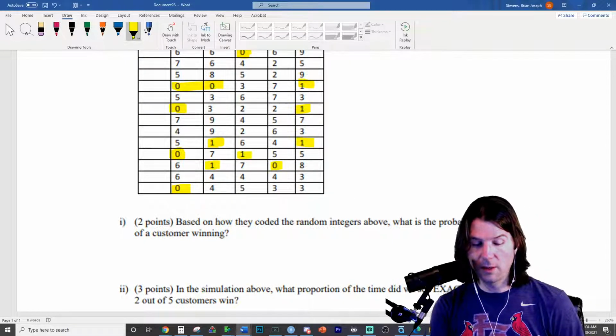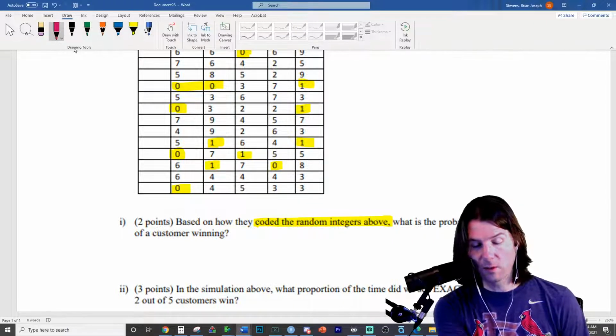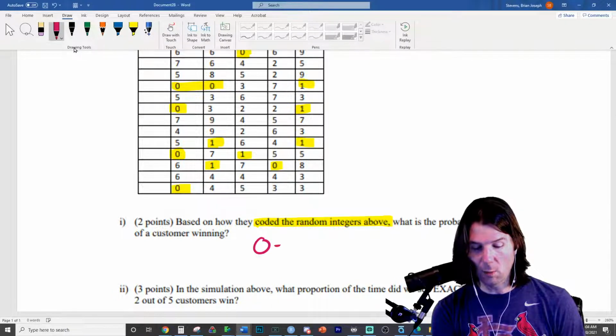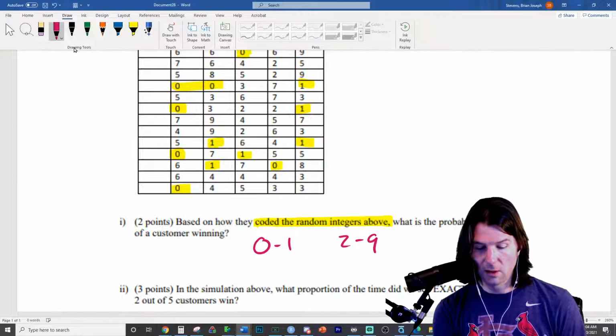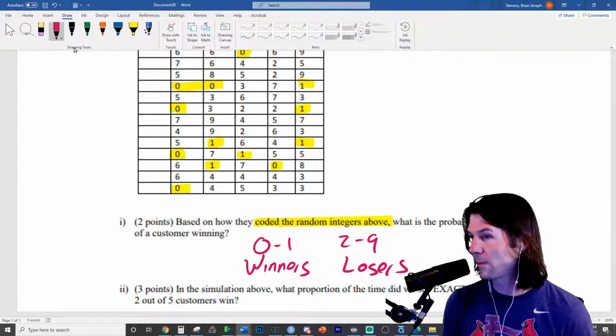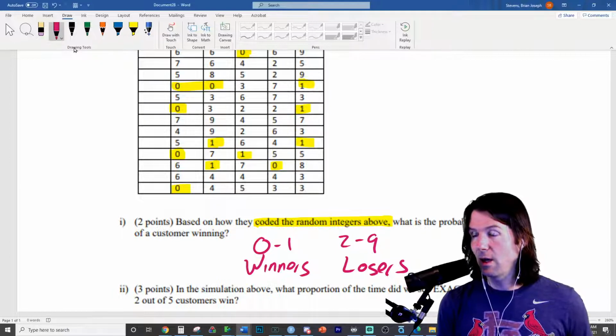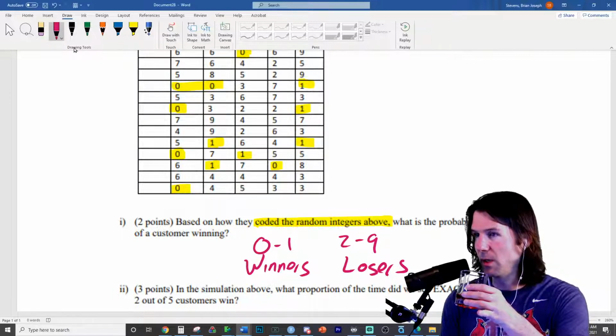This is where I think the mistake usually happens. The way they were coded, 0 and 1 are winners, and 2 through 9 are losers. So these are winners, and these are losers. Based on how these numbers are coded, what is the probability of winning?